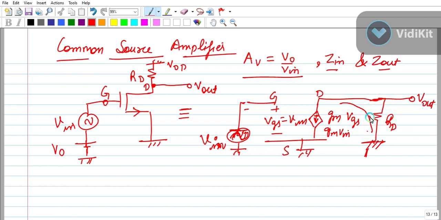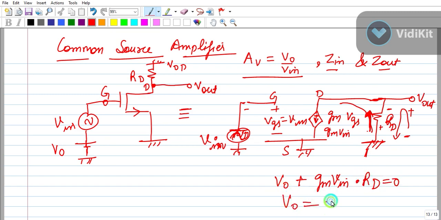The current GM VGS is going like this. This is plus minus. Apply the KVL in this path. So V out, and this is plus minus, means it will be plus, and I is equal to GM V in, and this is RD, equal to 0.